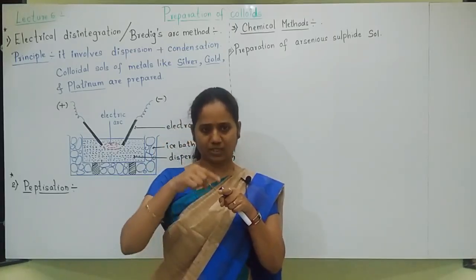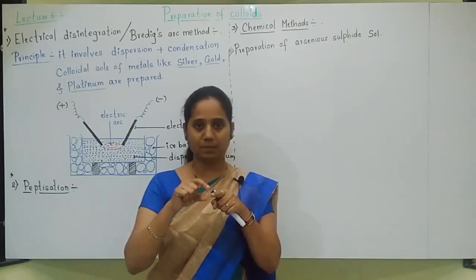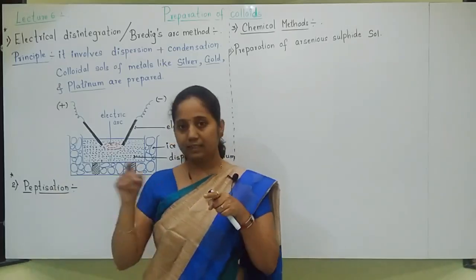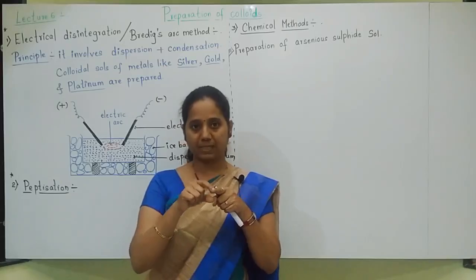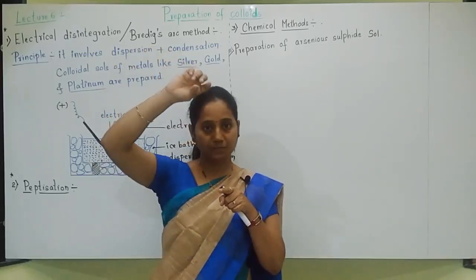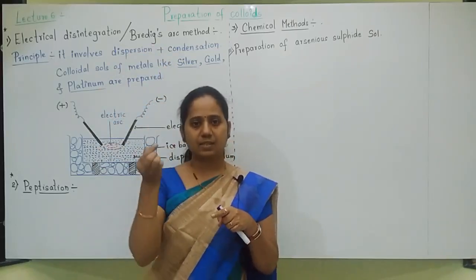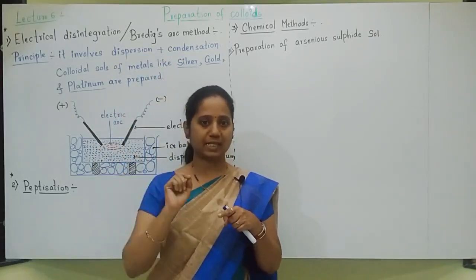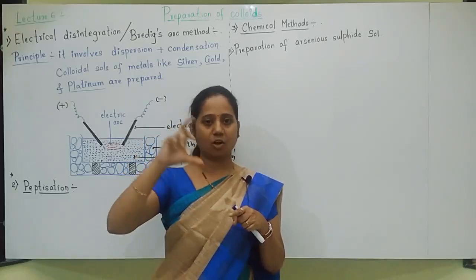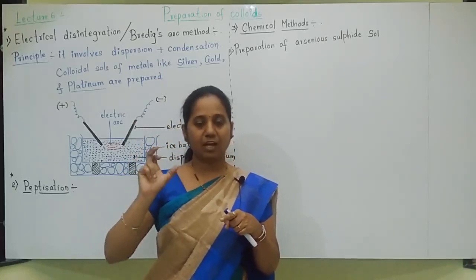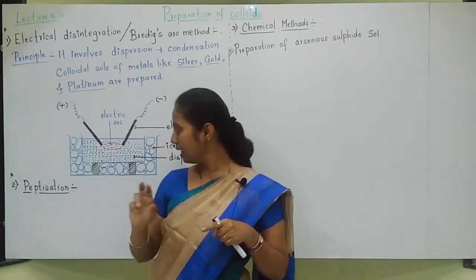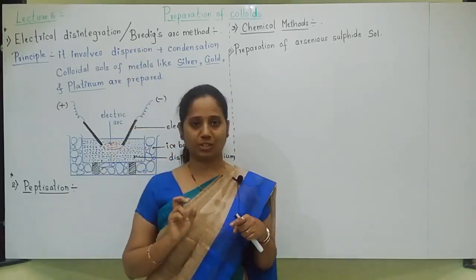Precipitate means PPT, whatever settles downside is called a precipitate. Then to that freshly prepared precipitate, dispersion medium is added, a small amount of electrolyte is added, and then all of it is shaken.